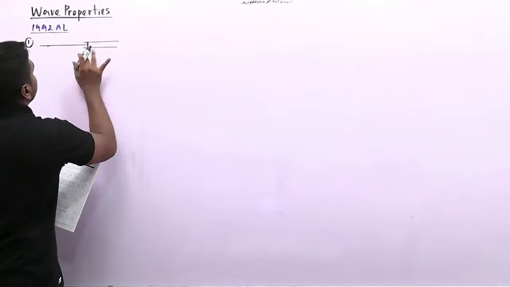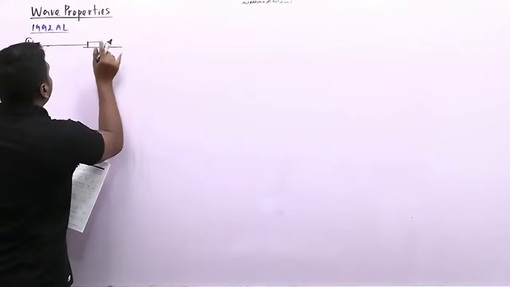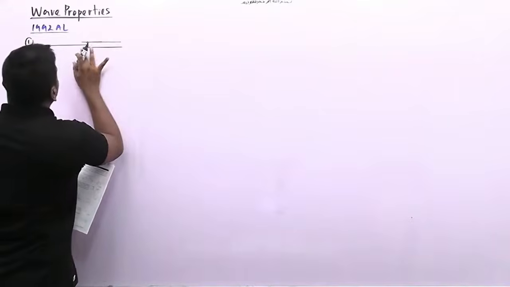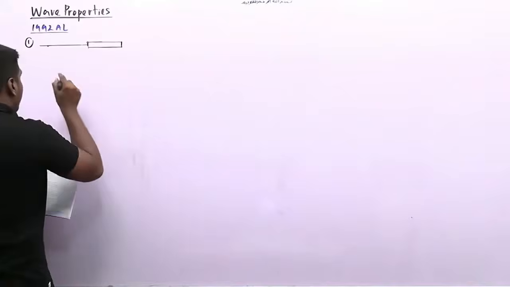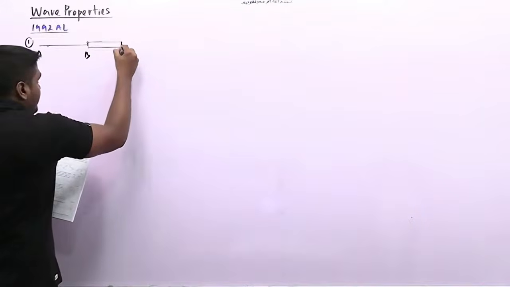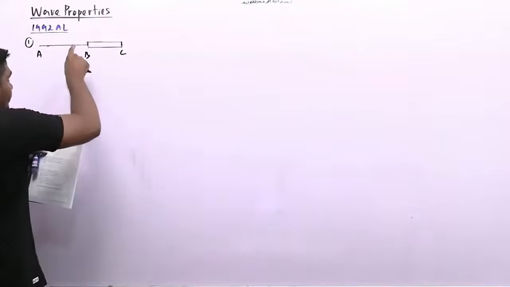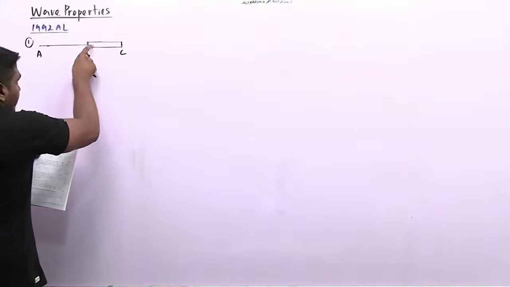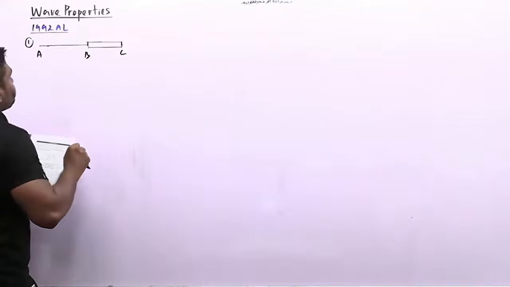This is point A, point B, and point C. Both strings have the same tension, but different linear densities.